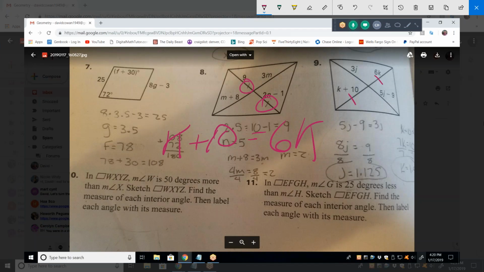In other words, you're talking about moving this to there, right? Yeah. Okay, in order to do that, you would have to subtract 6k from both sides. That's going to give you minus 5k. Then you're going to have to move the 10 to the right, which makes it minus 10. Now I got nothing but negative signs.